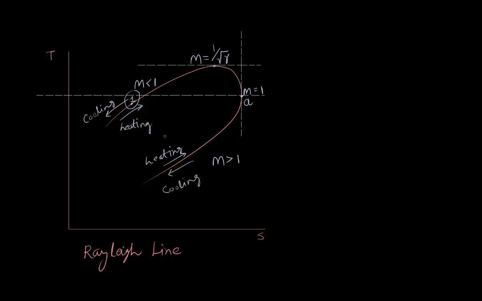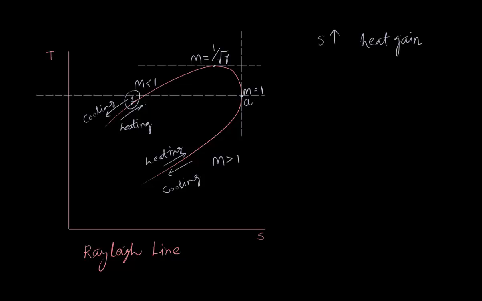If we change the initial condition, the Rayleigh line may change. And if we fix an initial state, then the fluid cannot exist at any downstream state outside the Rayleigh line. The second observation we can make is that entropy increases with heat addition or heat gain.